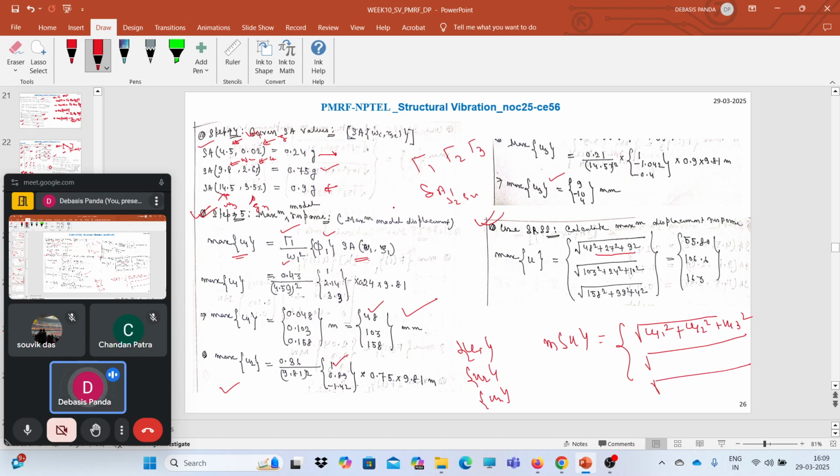So we have all the information: U11, U12, U13, and U21, U22, U23, U31, U32, U33 squared. This is your U11, this is your U21, this is your U31. If we solve this, we will have the maximum responses. So clear, Sovik? Do you have any questions?